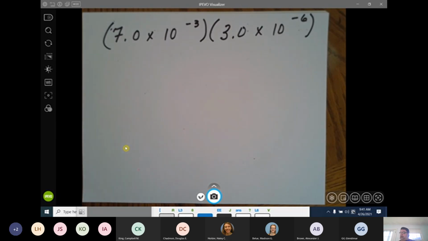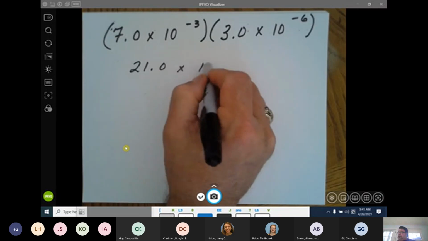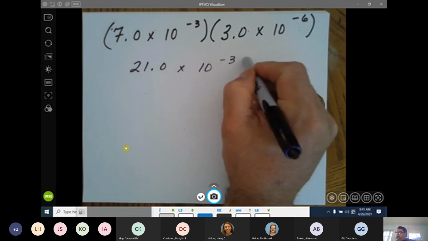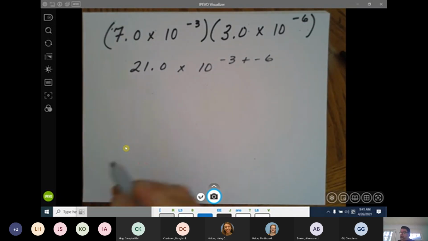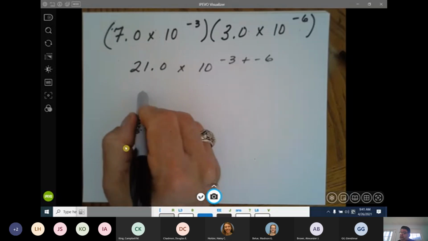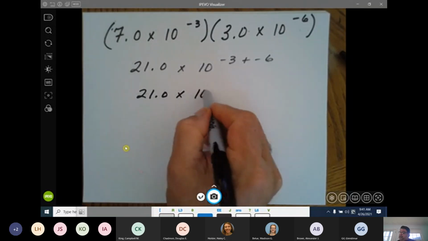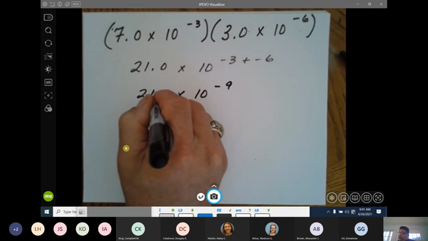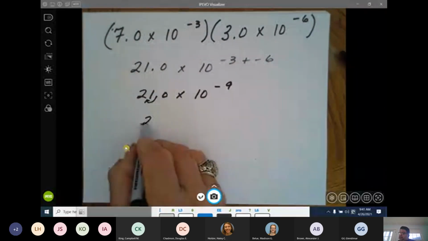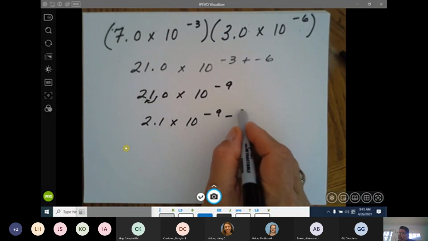So 7 times 3, 21, times 10 to the negative 3 plus a negative 6. Oh, this got negatives in it, so I know y'all screw this one up because y'all can't do negatives or fractions. So that'd be 21 times 10 to the negative 9th. I got to move this decimal one place, so that's 2.1 times 10 to the negative 9 plus 1.